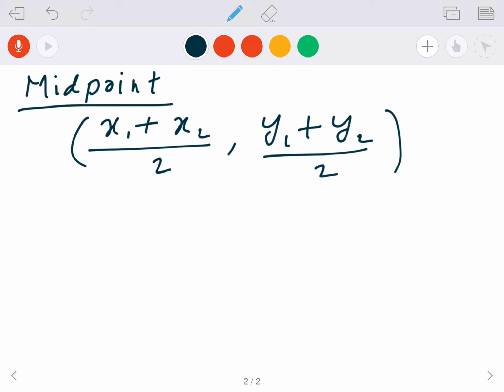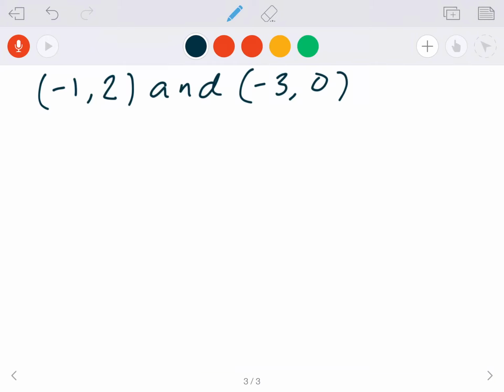Now, let's say 2 points are given, and we need to find first the distance and the midpoint between these 2 points.